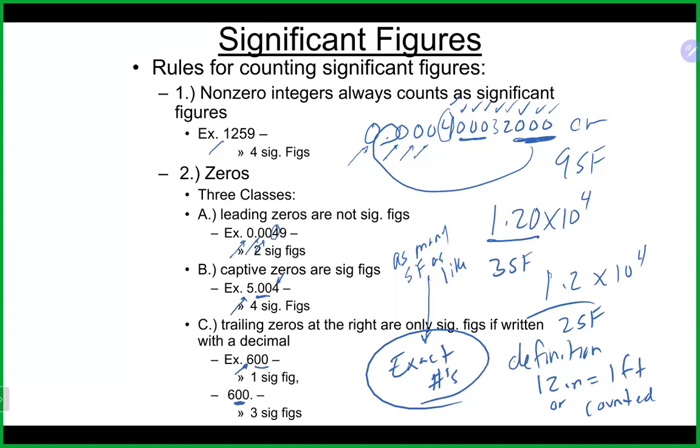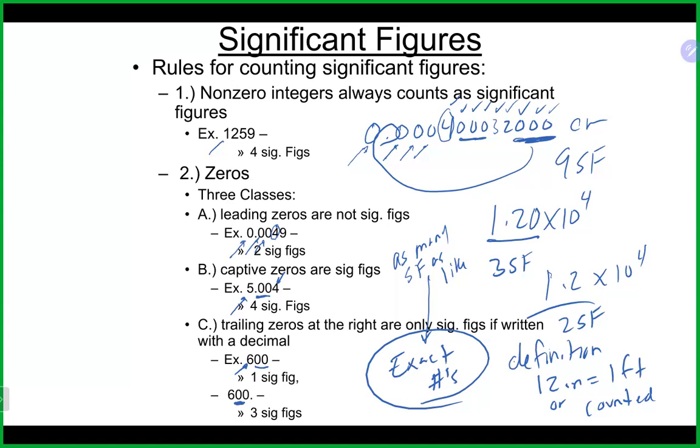So usually when we're looking at calculations and the answer in significant figures, we're looking at measured numbers, things that have significant figures. We have to take that into account, as our calculation really is only as good as our worst measurement. So our worst measurement basically determines how good a calculation we could have.